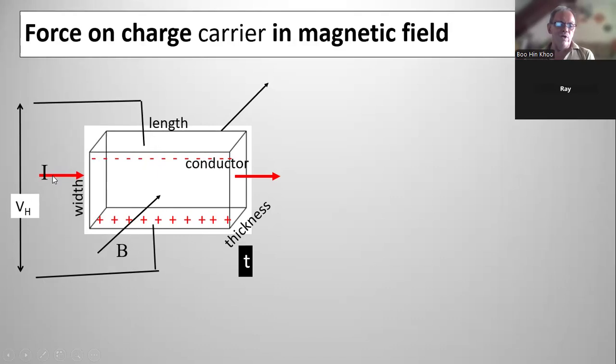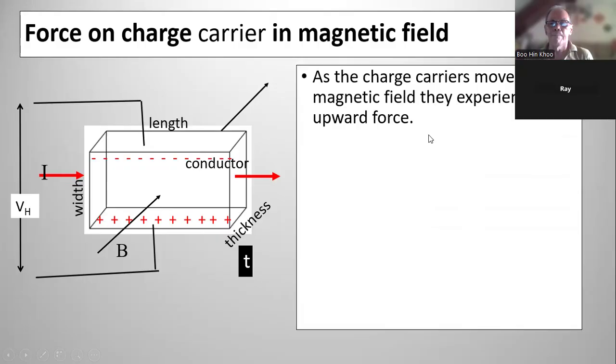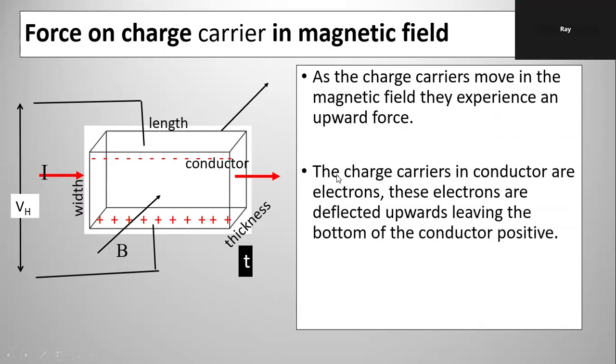As the current flows through, the electrons will be deflected outwards, leaving the positive charge at the bottom. So this negative charge and this positive charge act as parallel conducting plates, so it becomes a velocity selector. The charge carriers in the conductor are electrons.